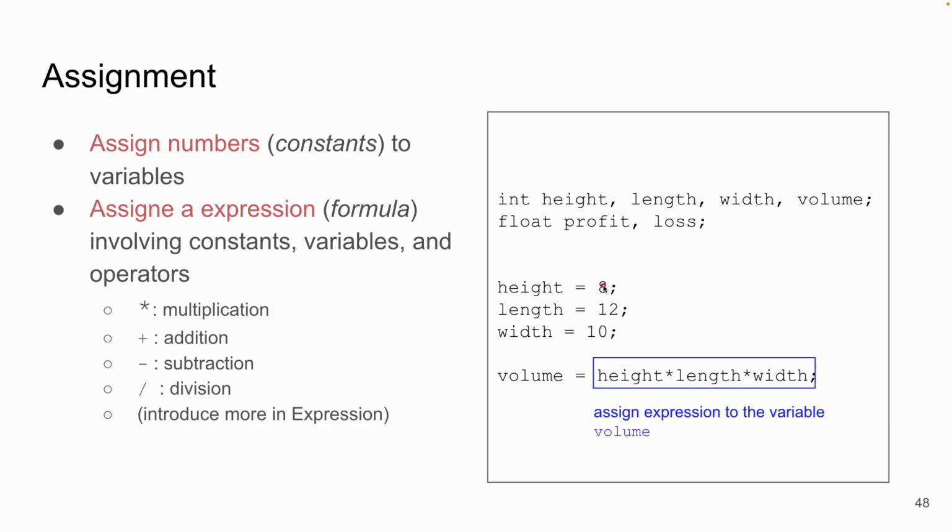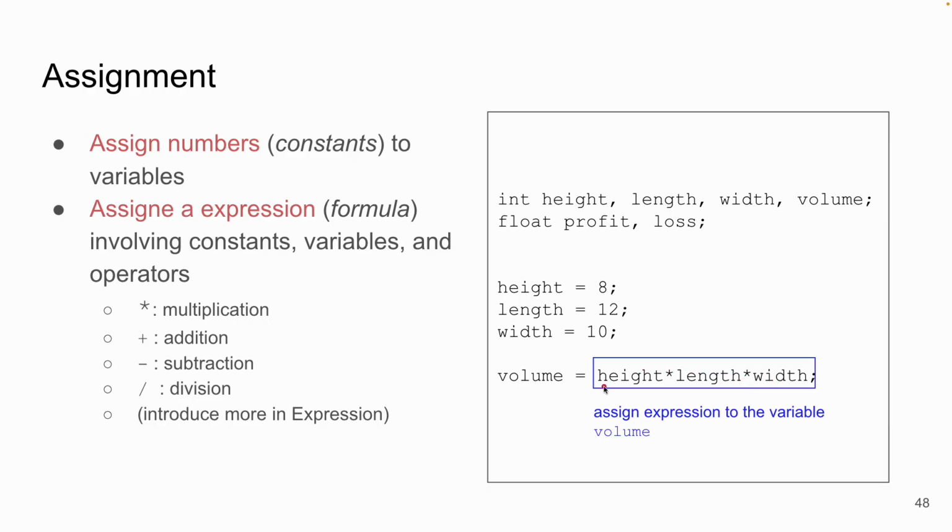When we write down 8, 12, 100, 1000 directly in our code, those numbers become constants. So we can, of course, assign a constant to a variable. But we can also assign a variable to another variable. We can also assign the result of an expression, of a calculation, into a variable.